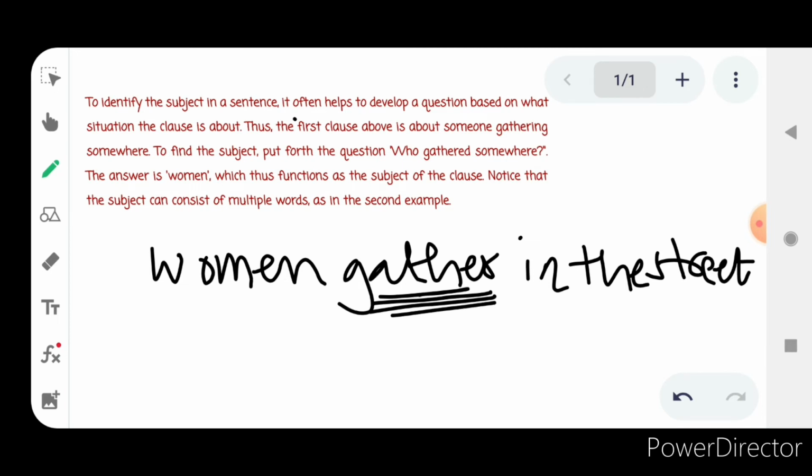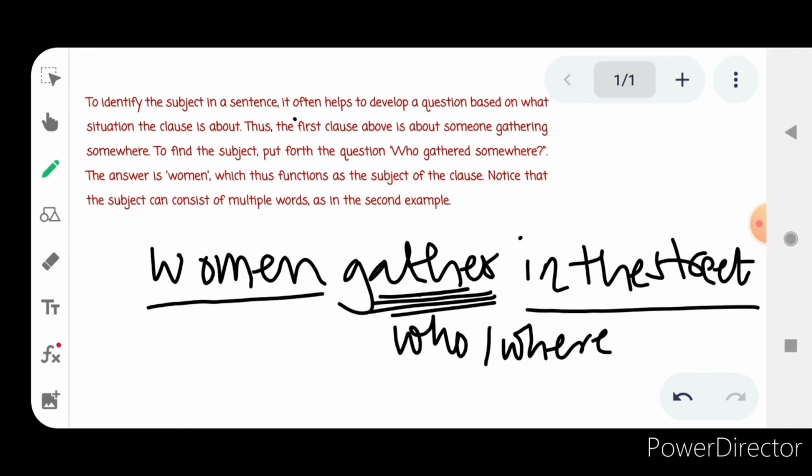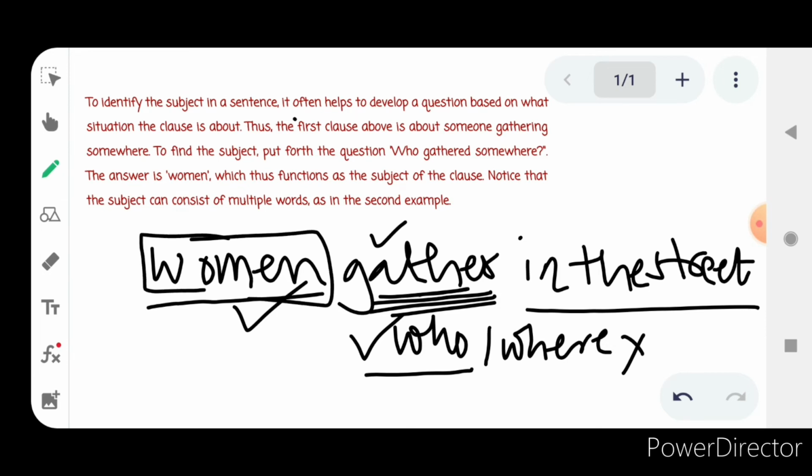If we ask this question, who has participated in gathering, we will get the answer, women. If we ask where, in the street, this is not expected for a subject. Who is expected for a sentence to identify the subject of that particular verb. Who gathered somewhere, women gathered, and this will be the subject of that particular sentence.